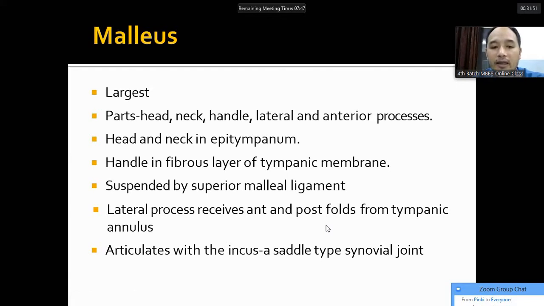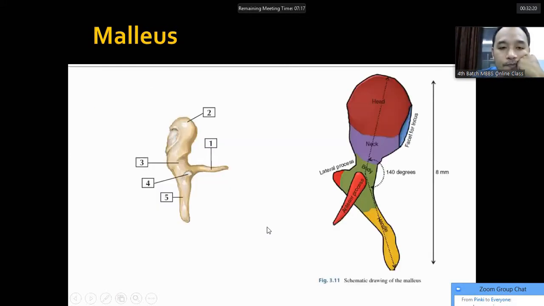The tympanic annulus, instead of going towards the pars flaccida, converges towards the malleus and forms the lateral, anterior and posterior malleolar folds. This also forms a ligament that hangs the malleus. And this malleus articulates with the incus in a small saddle type of synovial joint.